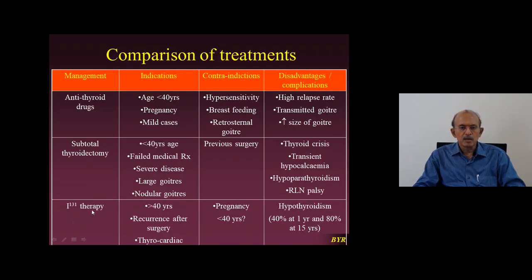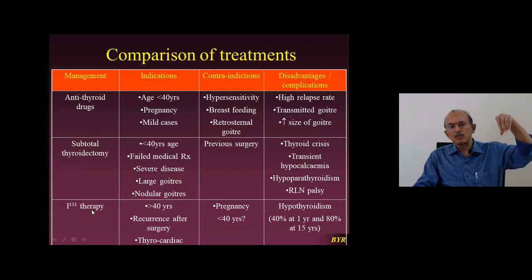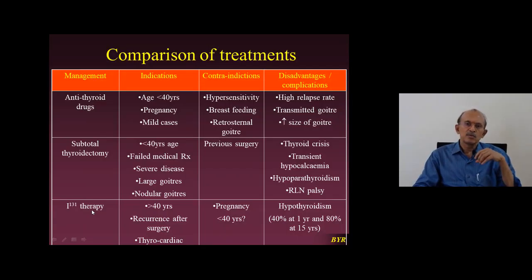I-131 therapy. This I-131 therapy is given in the form of liquid, so it will be given in the form of drops. The patient is asked to get one glass of fruit juice. They will add the required dose in drops to that fruit juice, and the patient is asked to swallow it.